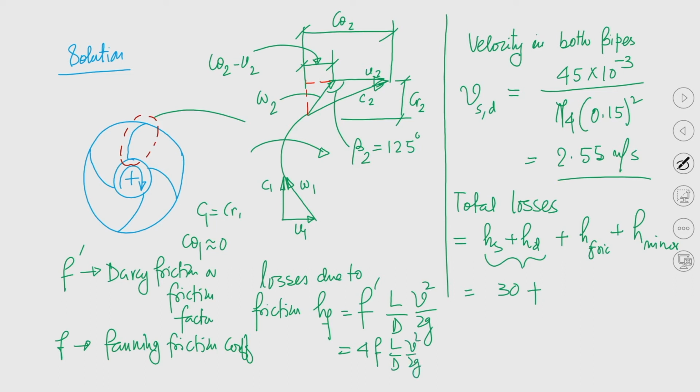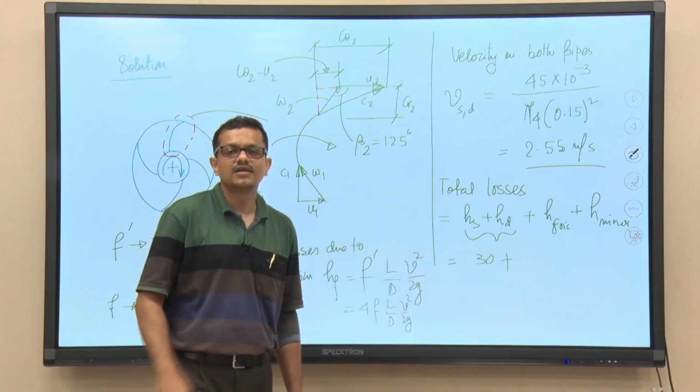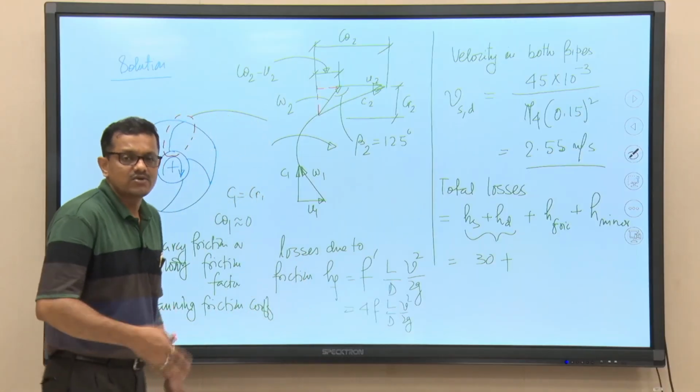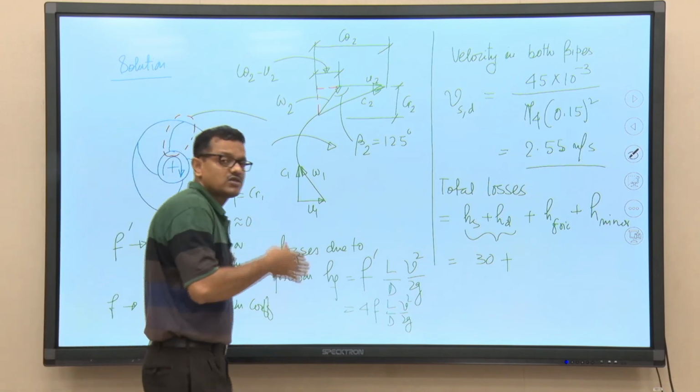I am trying to concentrate on this particular part again and again only to make you understand that though these two friction factors, Darcy or Moody friction factor and fanning friction coefficient, are the same in all aspects, they still differ from the perspective of the accuracy while calculating the loss due to friction.